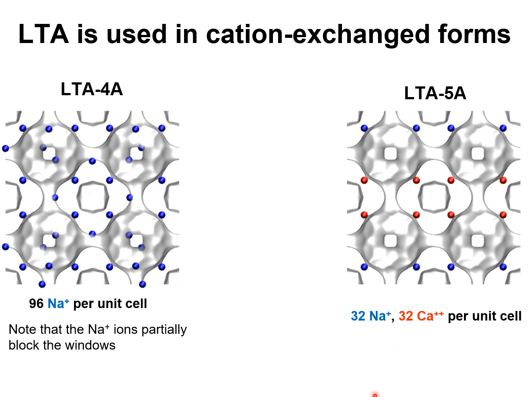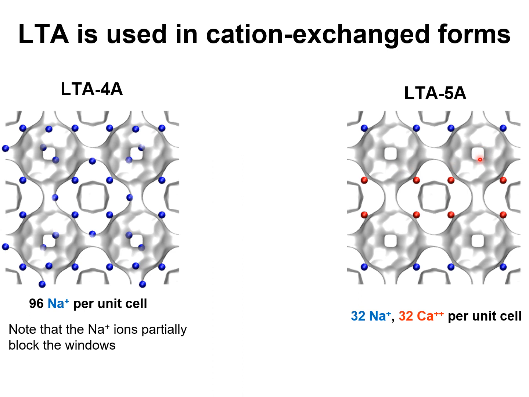LTA5A zeolite contains 32 sodium cations and 32 calcium cations per unit cell. The location of these cations is shown here. The blue spheres are the sodium cations and the red spheres are the calcium cations.